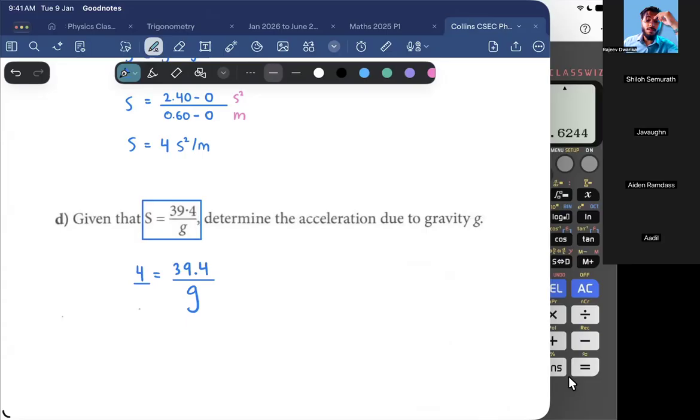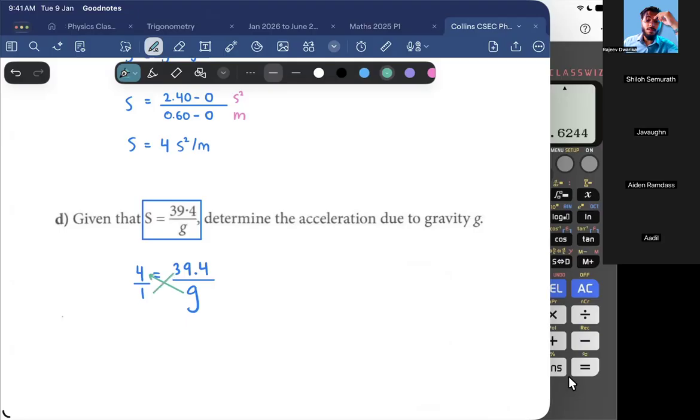I could write it as 4 over 1. Because what's 4 over 1? Plug that into your calculator. 4, right? So I could write 4 as 4 over 1. Since I have a fraction on either side, I could now cross multiply.